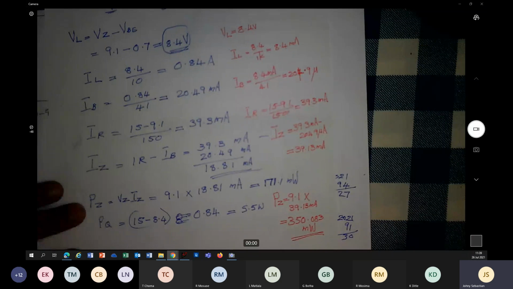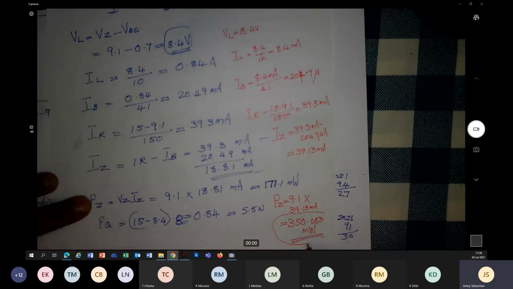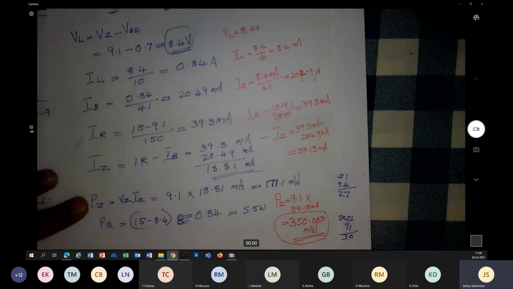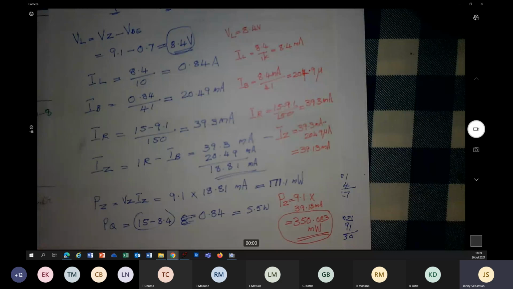So you can see the power consumed in the Zener increased. Now think: you bought a Zener diode, a quarter watt, that is a 250 milliwatt Zener diode.